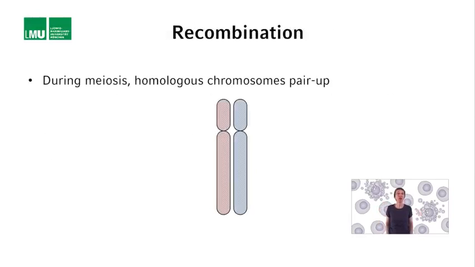What is recombination? During the formation of germ cells or gametes, and during meiosis in particular, homologous chromosomes pair. Homologous chromosomes refers to the two copies that diploid organisms have of each of their chromosomes, one inherited maternally from the mother and the other paternally from the father.